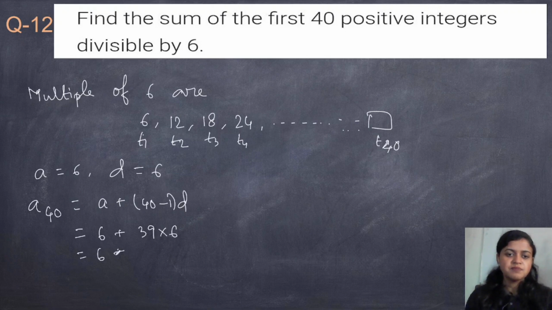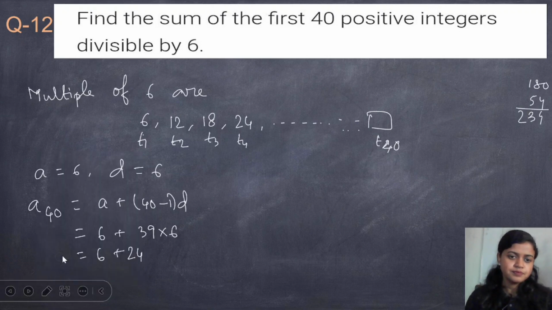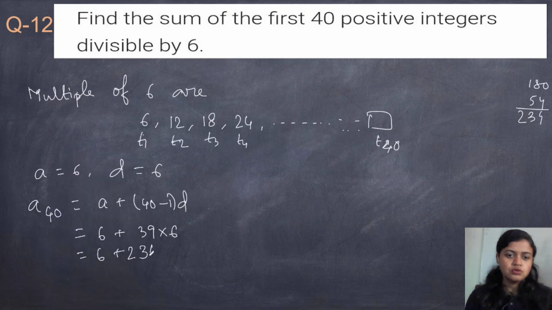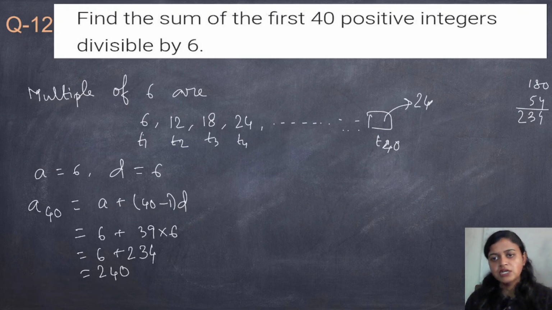So 6 plus 39 times 6, which is 240. So T40 will be 240.